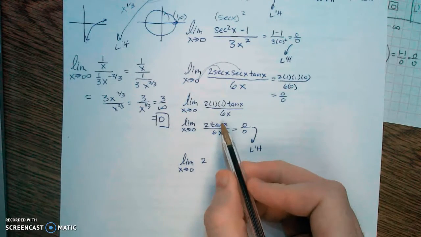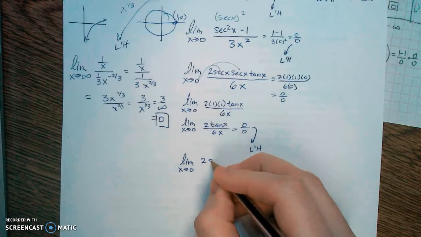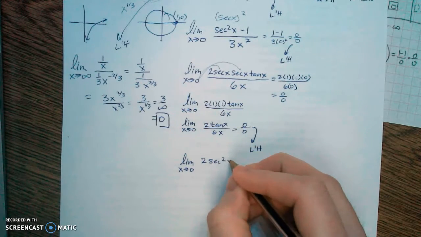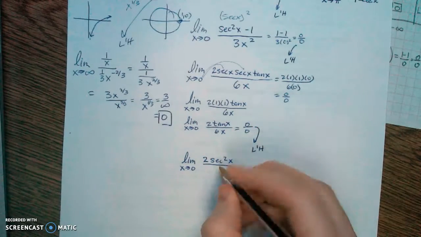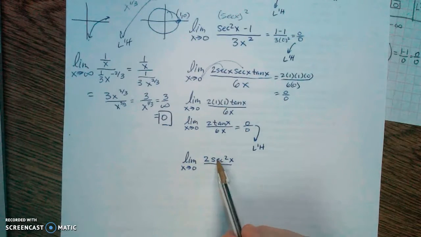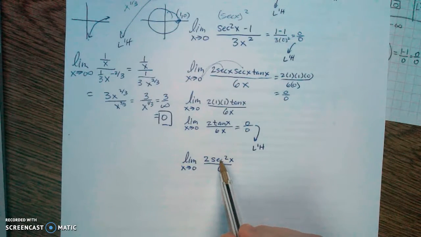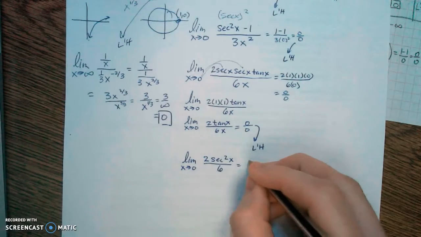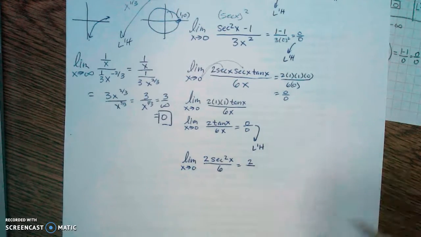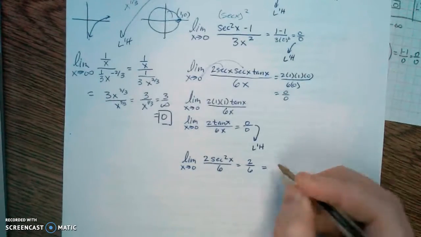Derivative of tangent is secant squared. And then the derivative of the bottom is 6. And then now we're going to plug in 0. So remember, secant of 0 is 1. So we get 2 times 1, which is 2 over 6. So the answer is 1/3.